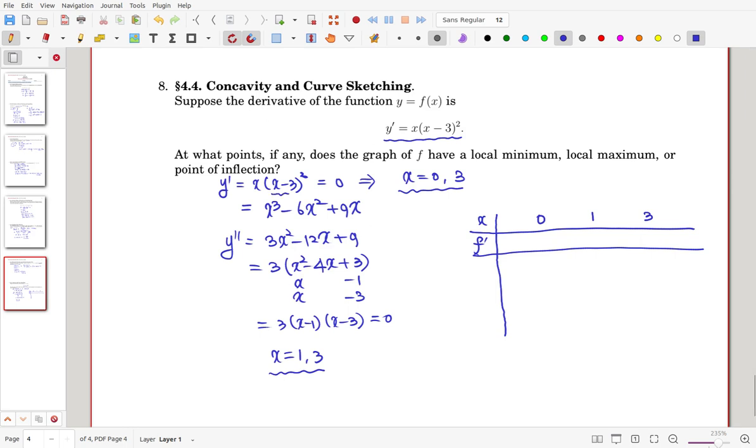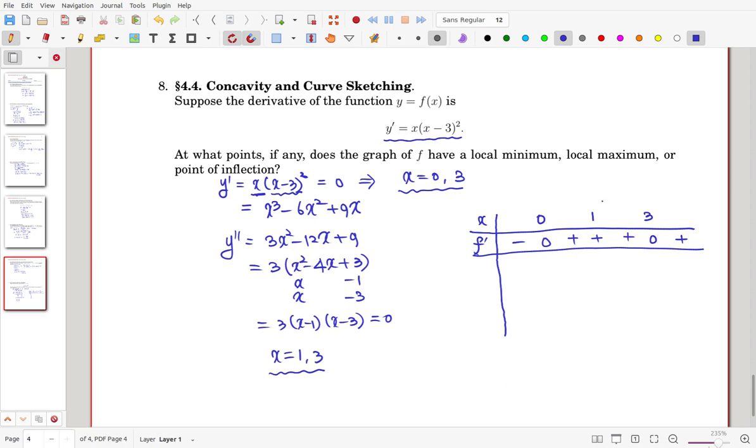Once x is smaller than 0, the value must be negative. If x is larger than 0, then it must be positive. So here that must be negative, and here this is 0 and positive, positive. At 3, it can be 0, but between 1 and 3, this is positive and again positive.